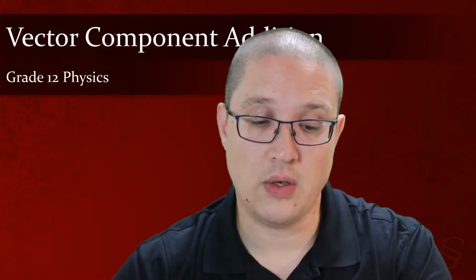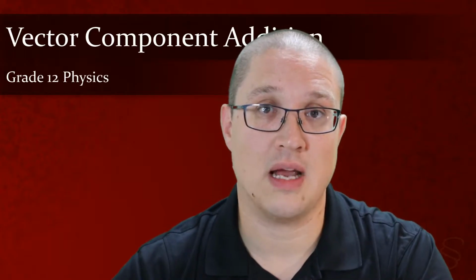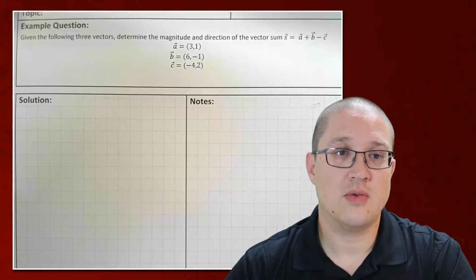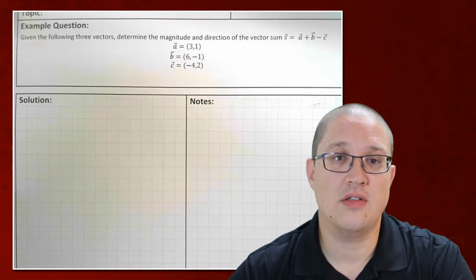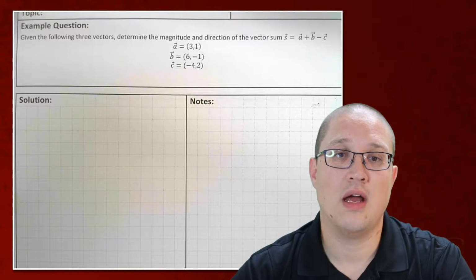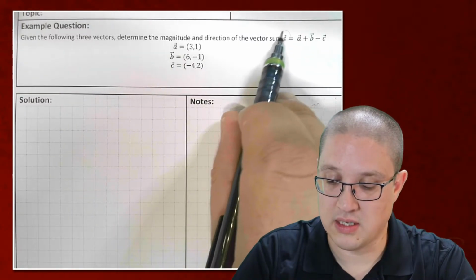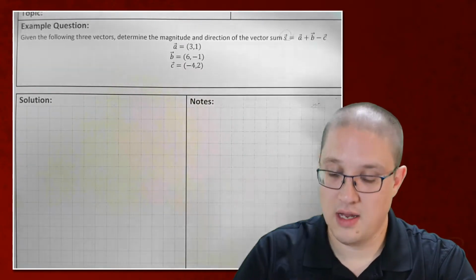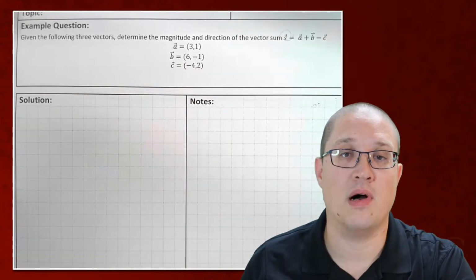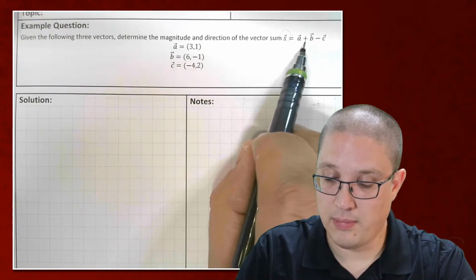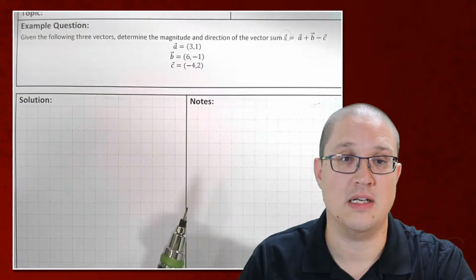Now let's start off really quickly by taking a look at our first example here. This is in your example package, so take a look. So this one here, we've got 3 different vectors, and we're trying to find the magnitude and direction of the vector sum. Now you may notice we're looking for the sum s here. Hint, this little arrow above the letter indicates that it's a vector. And I've got a plus b minus c.